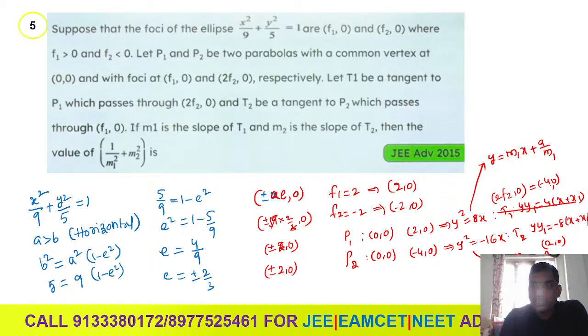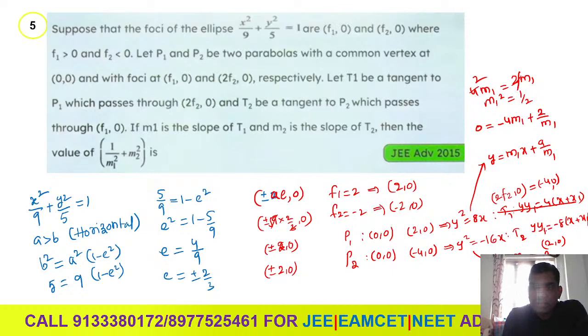If it is passing through minus 4 comma 0, we get 0 equals minus 4m1 plus a by m1, where a value here is 2. From this we get the m1 value: 4m1 equals 2 by m1, and then we get m1 square equals 1 by 2.